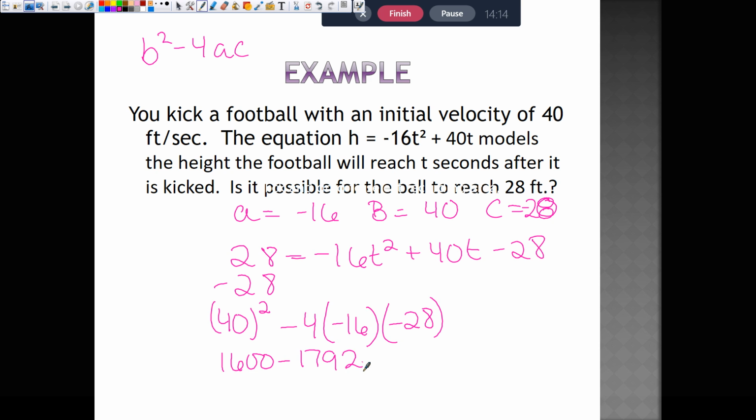And that would be negative 192, which is less than 0, so it would have no, or 0, solutions. So our answer would be no, it would not reach 28 feet. Okay?